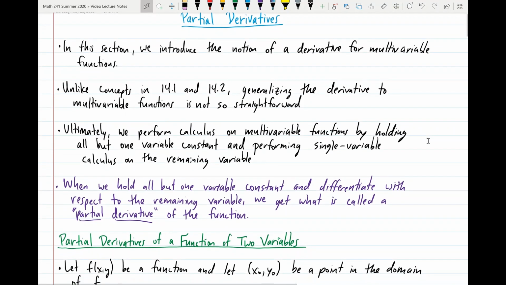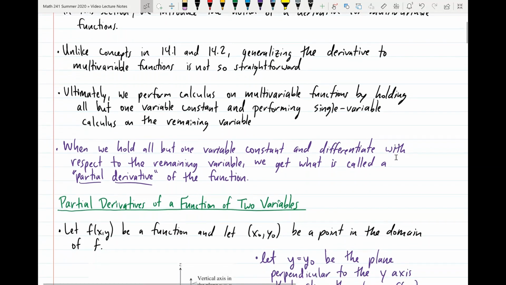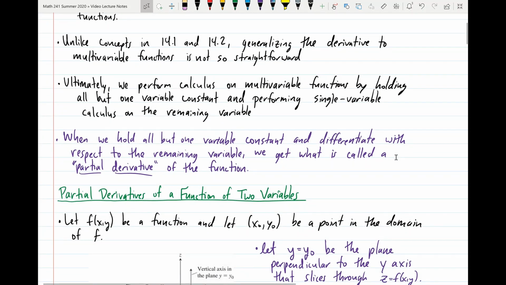And ultimately, for multivariable functions, we perform calculus by holding all but one of the variables constant and then just performing single variable calculus on the remaining variable that we did not hold constant. And when we hold all but one variable constant and then differentiate with respect to the remaining variable, we get what is called a partial derivative of our multivariable function.